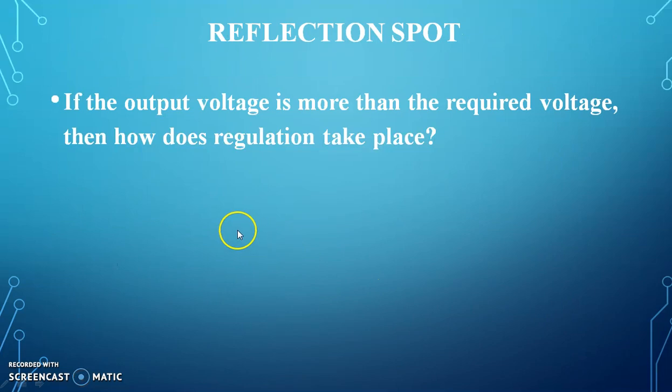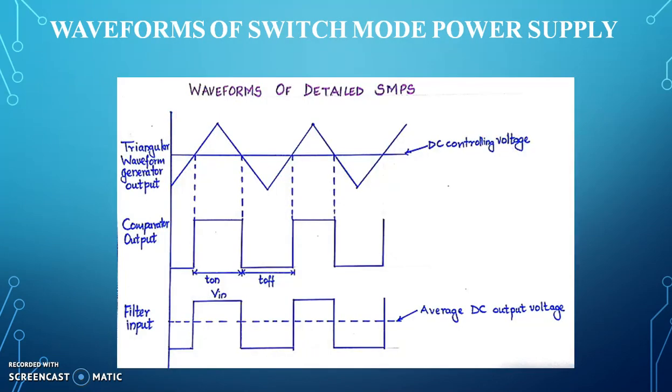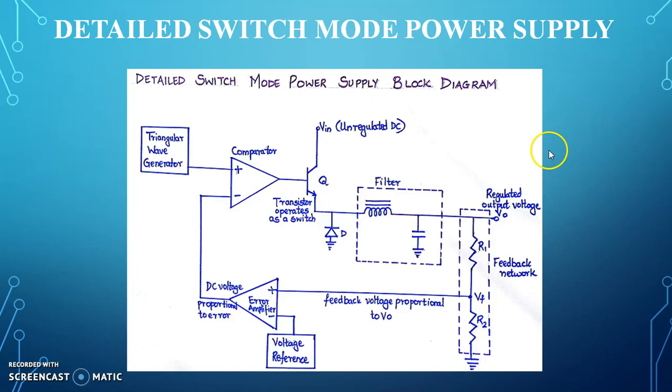We have a question for you in the reflection spot, that is, if the output voltage is more than the required voltage, then how does the regulation take place? We'll take a pause and then come back to the answer. So if VO is greater than the required voltage, we'll just get back to the block diagram. If VO is greater than the required voltage, obviously VF will also increase.